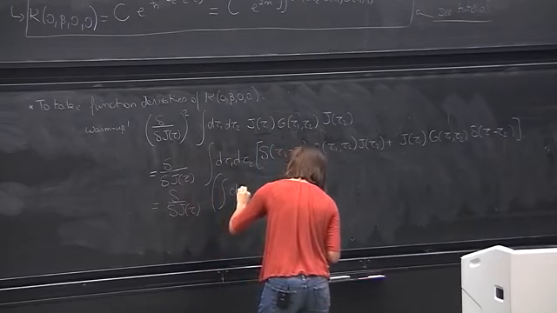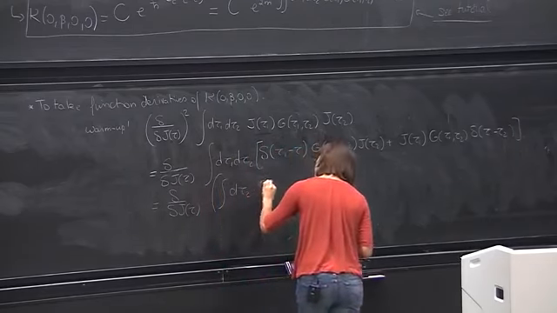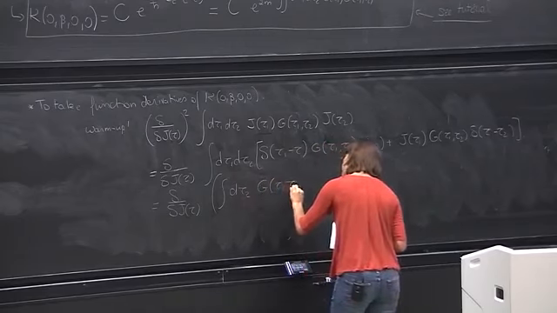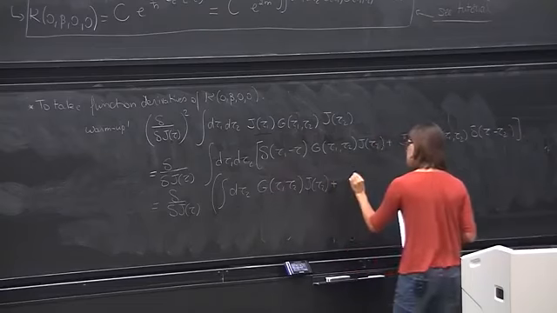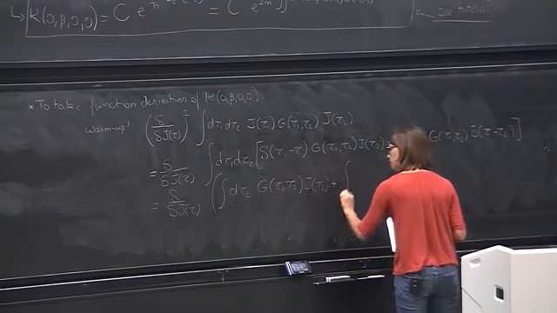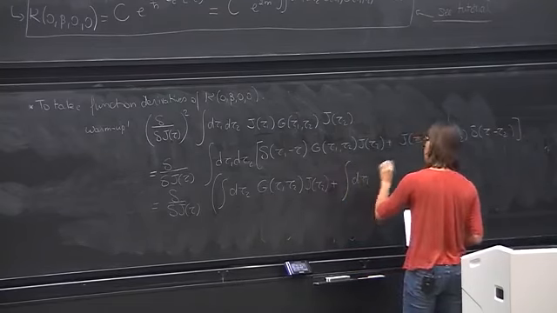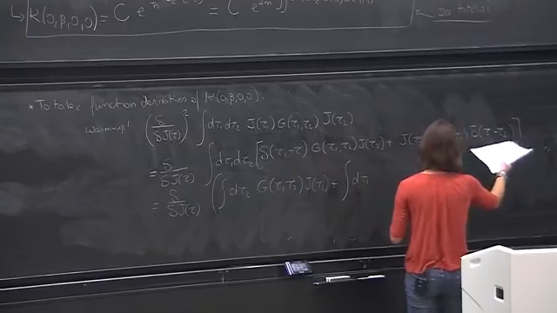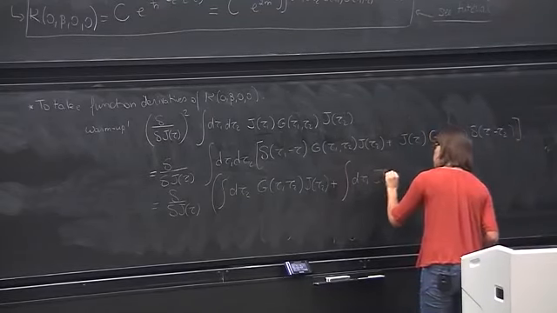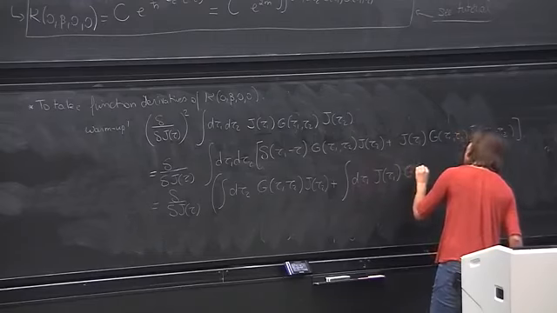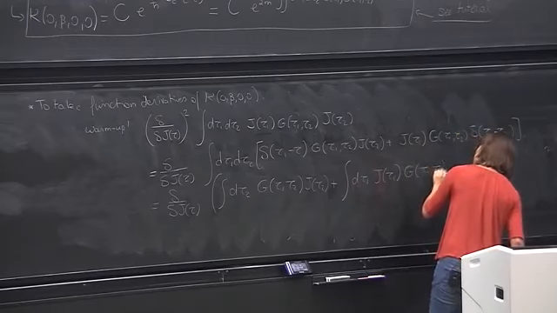So the first one, let's go... plus something like the integration over. Now I'm using this delta on tau 2, so I get just tau 1 tau.